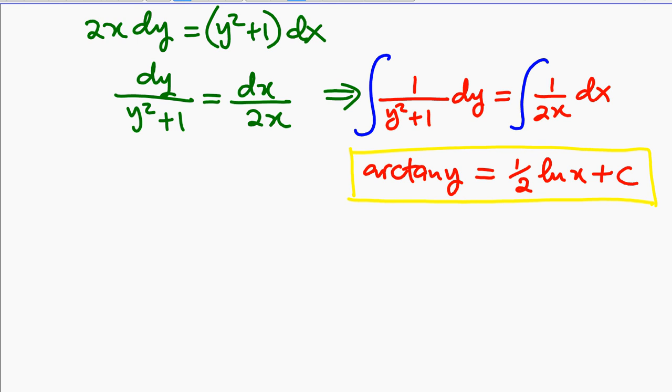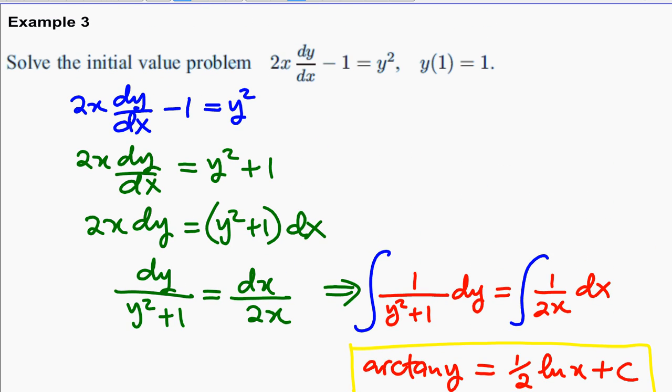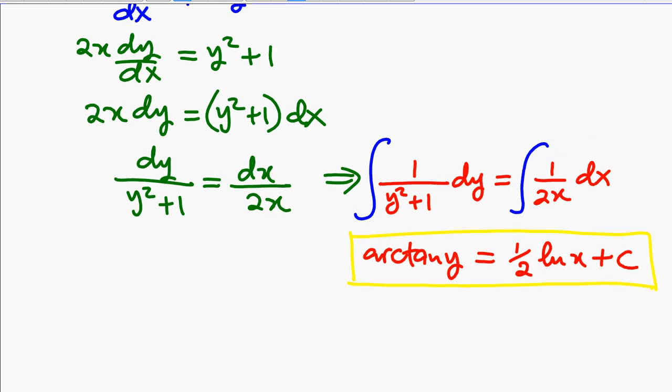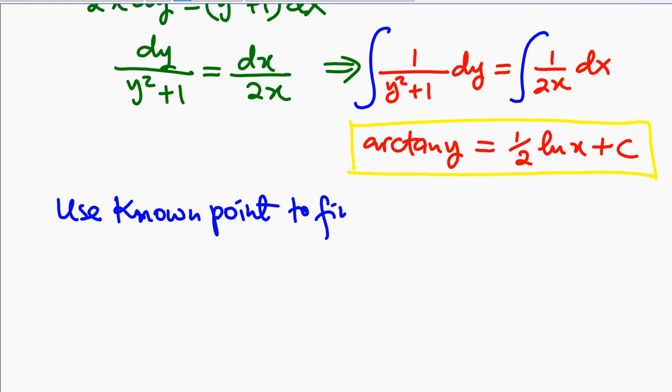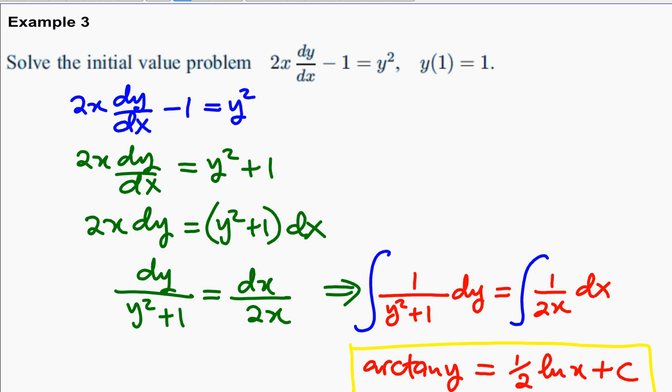Now, we are required in this question to find a particular solution. So we are going to use a known point to find c. So we know that at x is equal to 1, y is equal to 1.